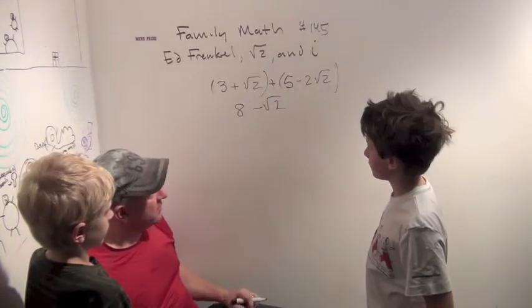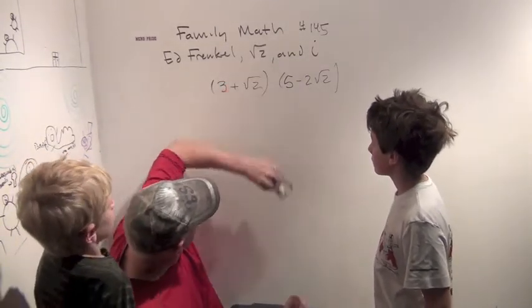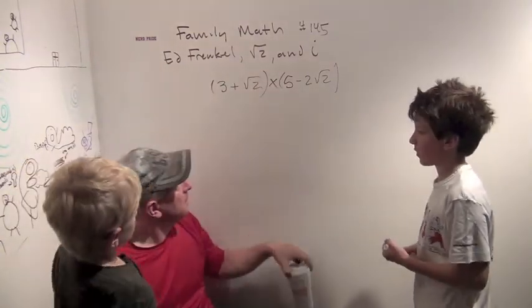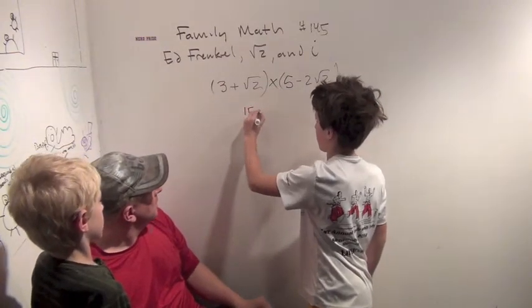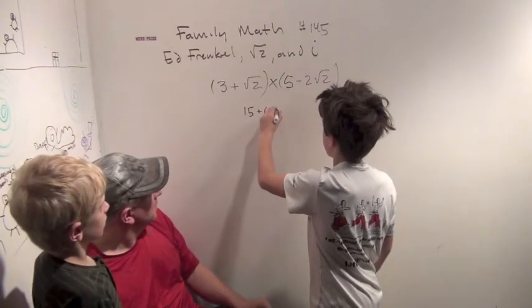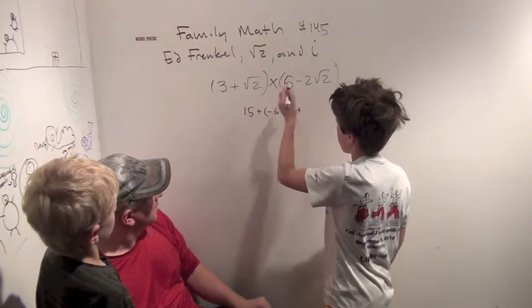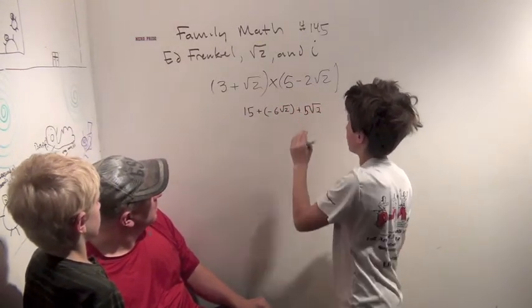Now, I'll give you a challenge. What happens if I multiply these numbers? It would look sort of like a quadratic. You've got 15, plus minus 6 times the square root of 2, plus 5 times the square root of 2.